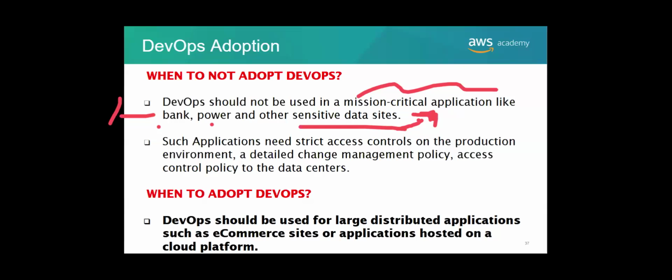Okay, coming back here. Next, such applications need strict access control on the production environment. So, detailed change management policy and access control policy to the data centers is required. What are my control policies?